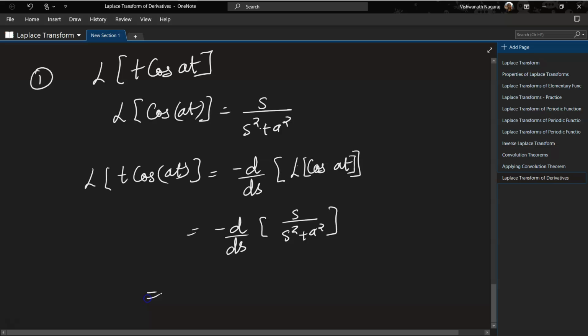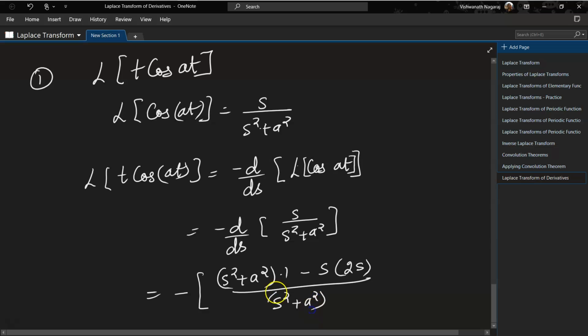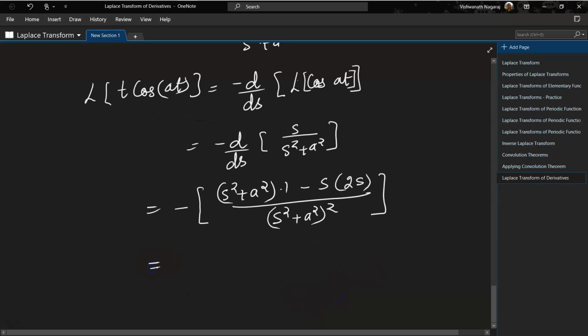And now let's differentiate. Minus as it is, keep it outside. Now s square plus a square denominator as it is, differentiate the numerator, minus numerator as it is, differentiate the denominator, so 2s divided by the square of the denominator, s square plus a square the whole square. Now just keep simplifying.